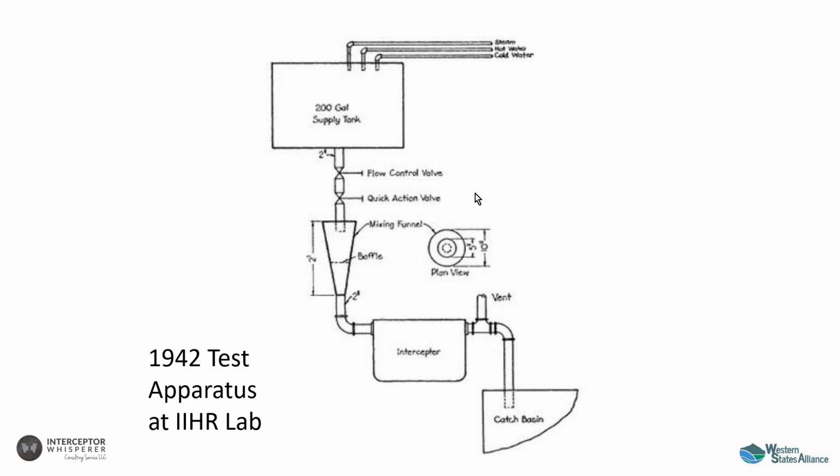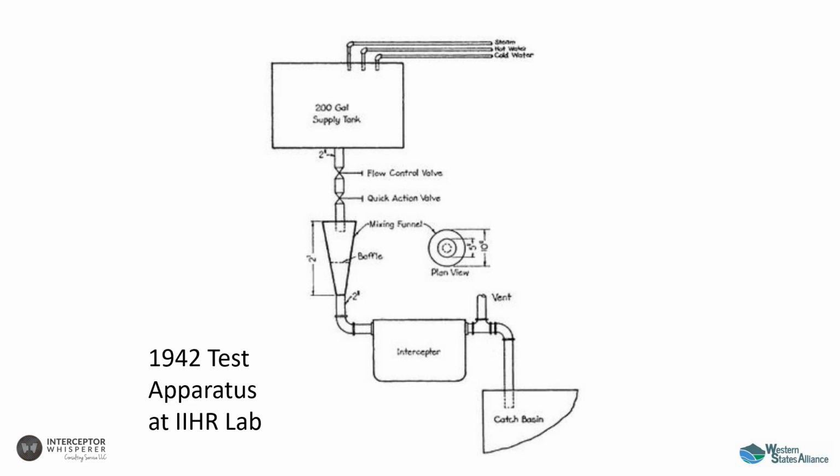And during the test, someone would uniformly pour hot lard into this mixing funnel as the water was coming out of the supply tank into the grease interceptor, and whatever escaped the interceptor and went into the catch basin, they could skim off, dewater, and weigh, and then compare that with what went into the interceptor.